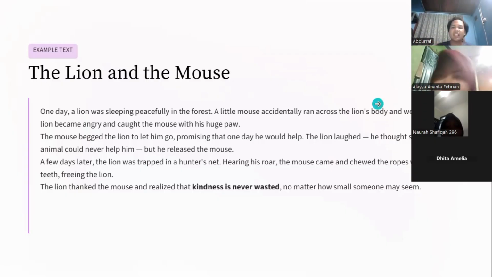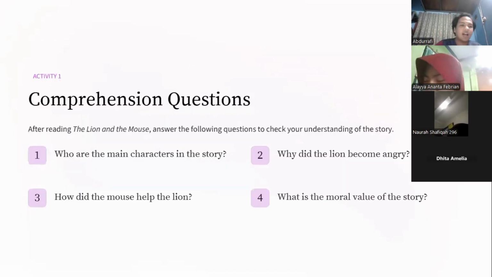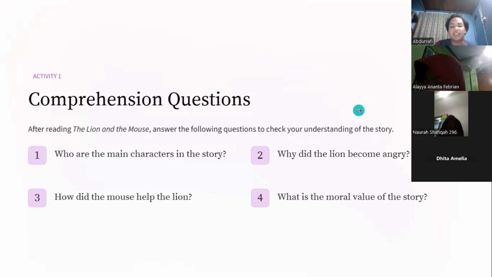Okay, thank you Alaya for helping me to read the example text. Okay, now here are some questions. After reading the lion and the mouse text, please answer the following question to check your understanding of the story.